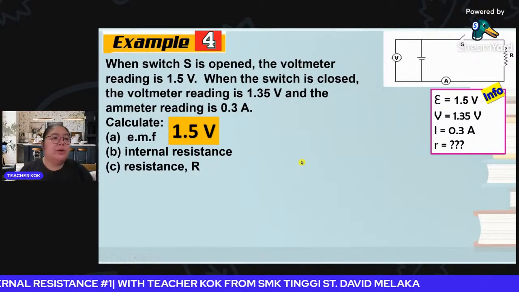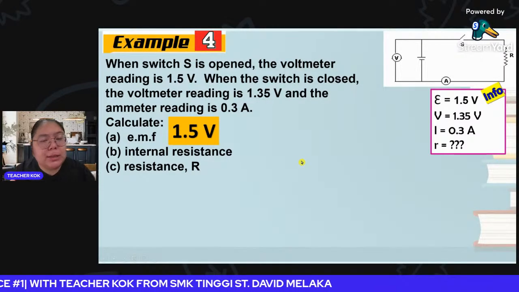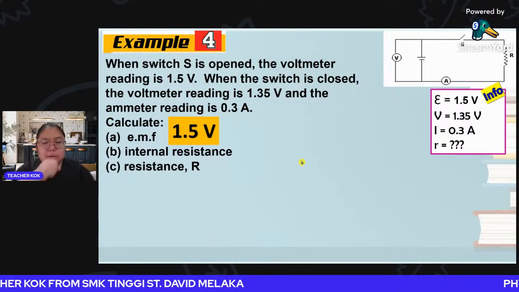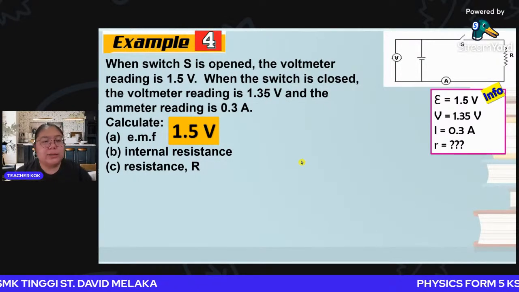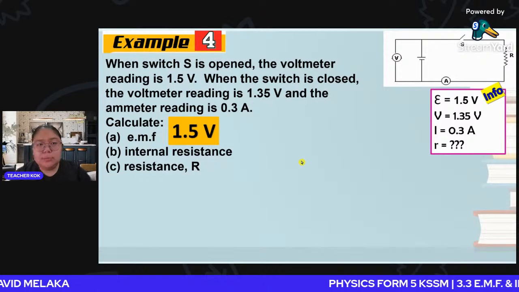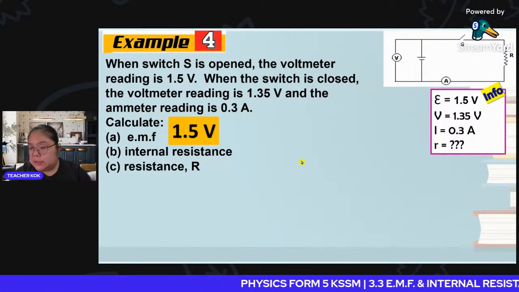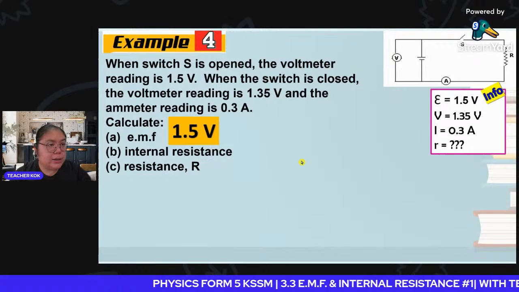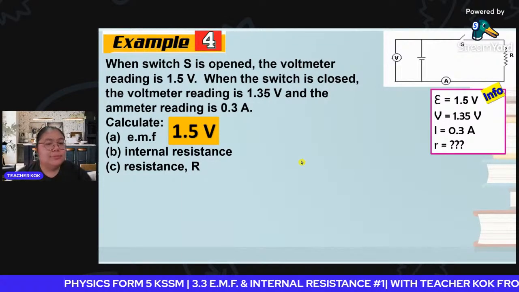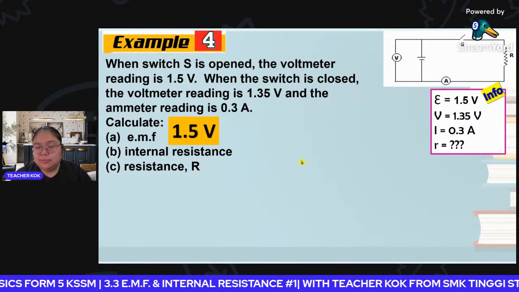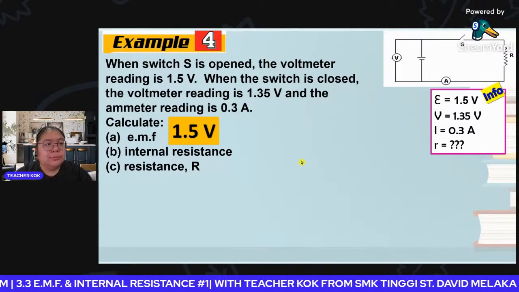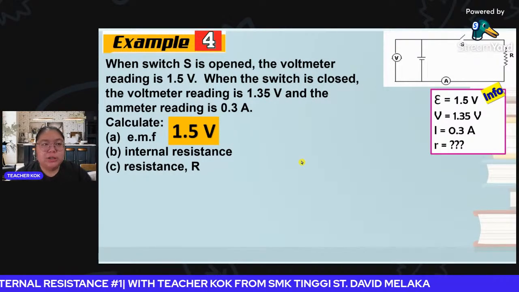So the voltage drop, you divide by the current, then you can find internal resistance. From here, students, I want the answer for B, internal resistance. The answer is how many? Just finish, then you can type.